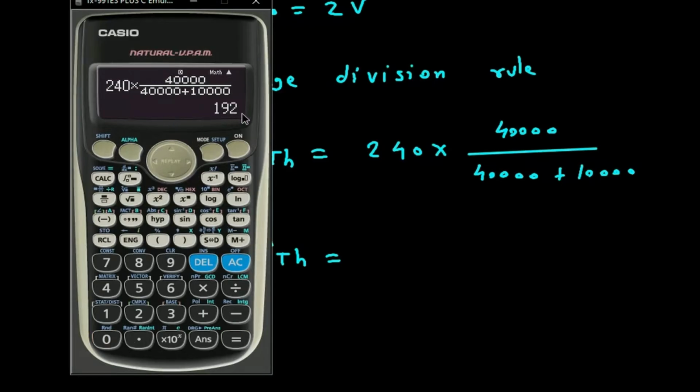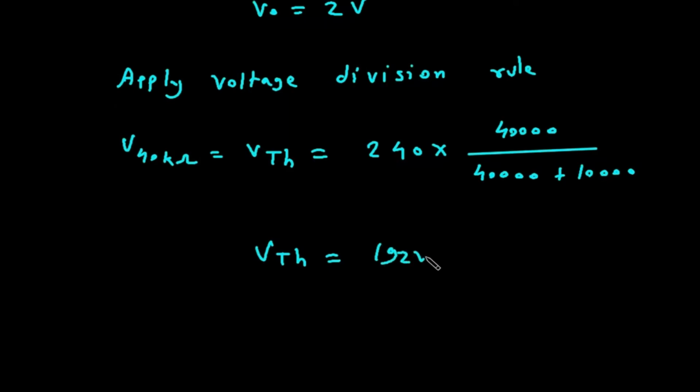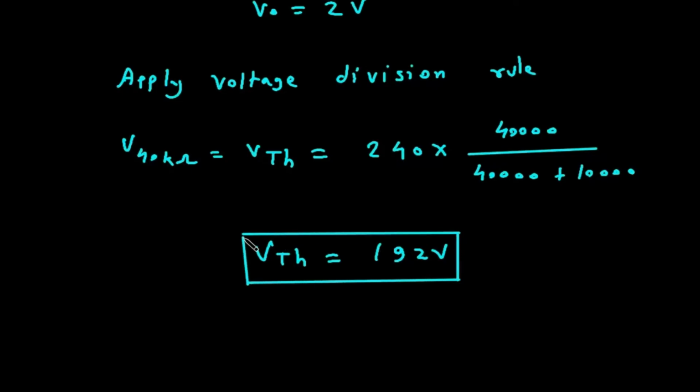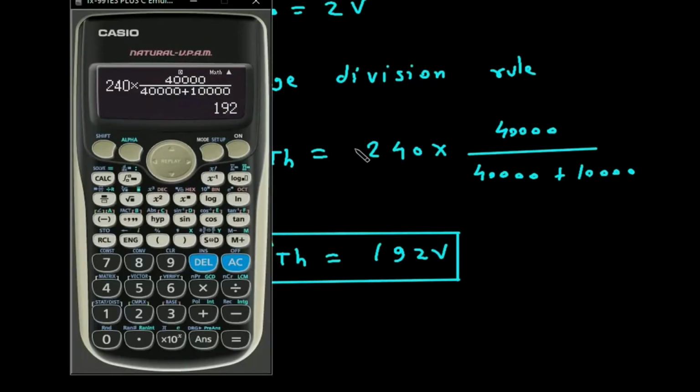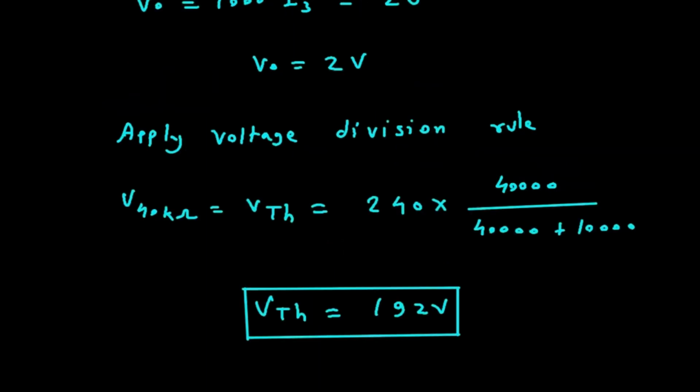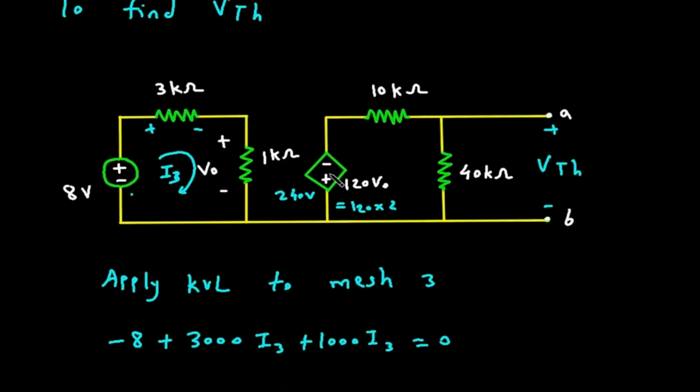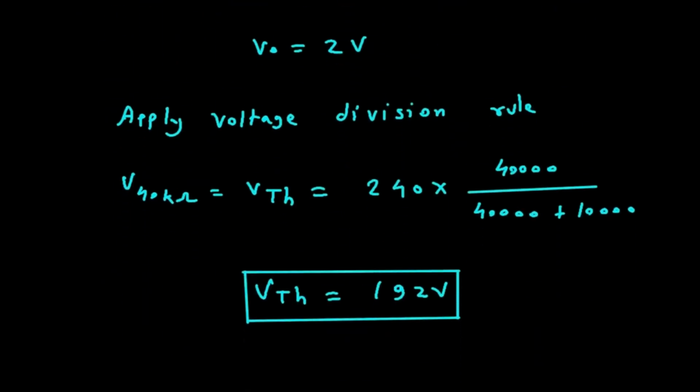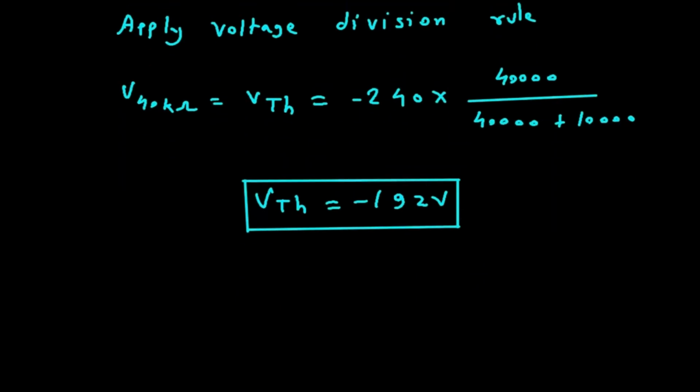So it is 192. 192 is the value of VTH. 192 volt. Here the polarity is minus and plus. So this will be minus 240 and this will be minus 192 volt. So this is the value of VTH.